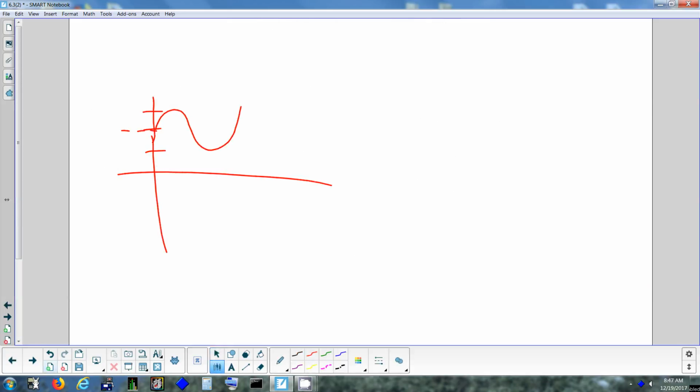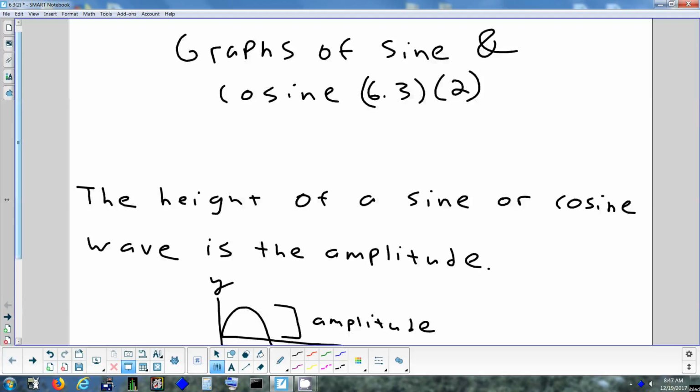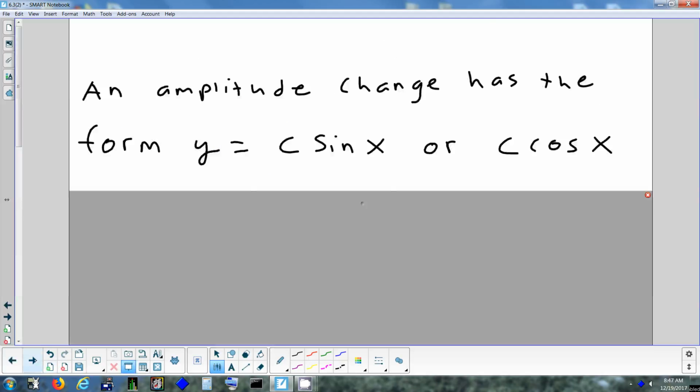Because if you put the center line in, the highest it goes off the center line is 1 unit. But the highest value in the range that it hits is 3 in that case. So you have to keep in mind the difference between the highest value and the amplitude. Sometimes they're the same, sometimes they're different.